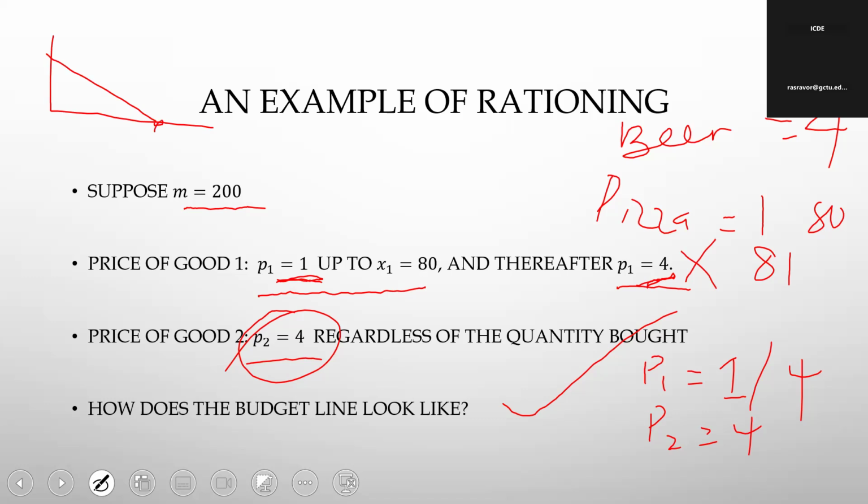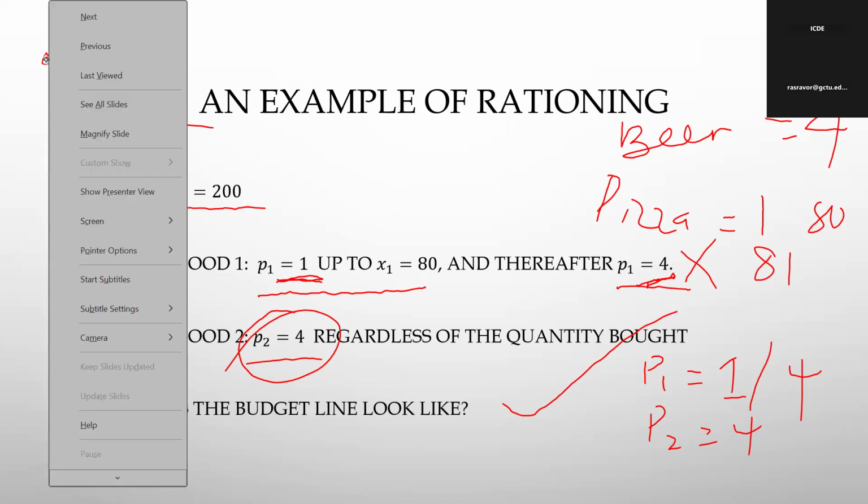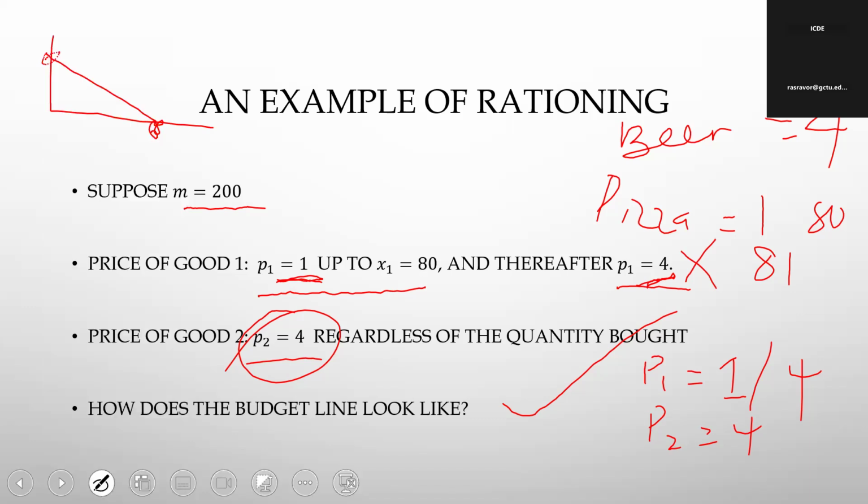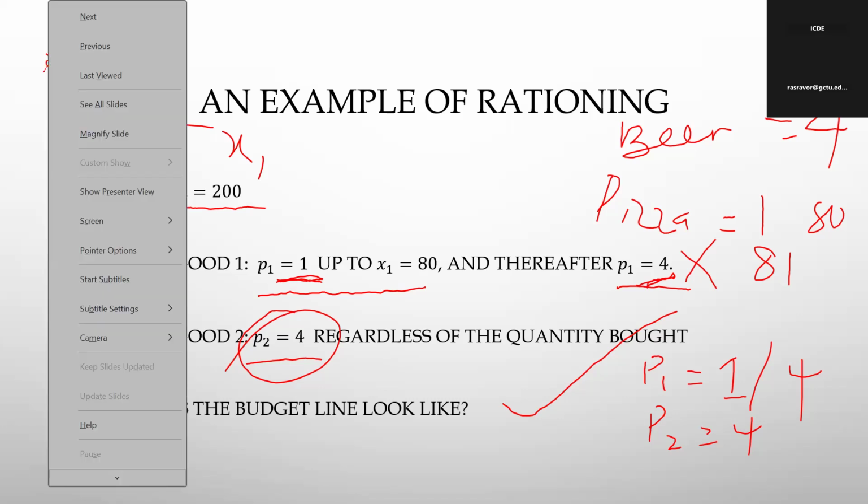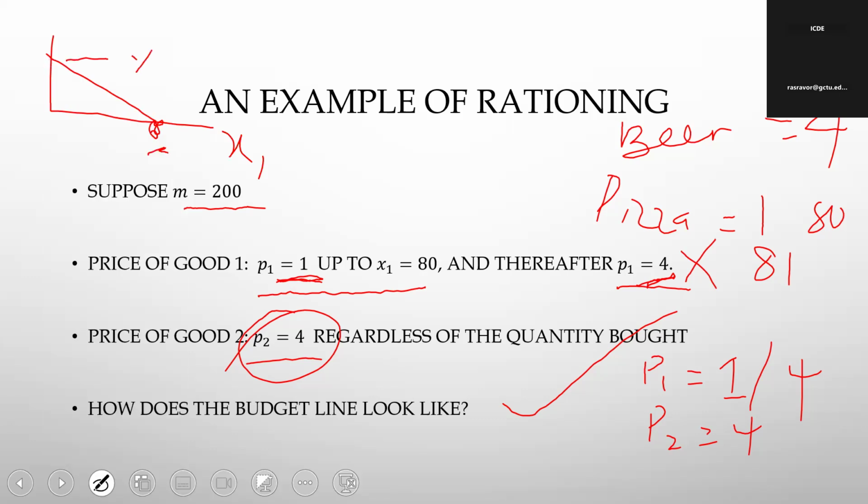Whenever it touches this line or this line, it's just telling you that you are spending all your income on a particular good without considering the other goods. So if it is X1, I'm spending all my income on X1. That's why it touches the line. If it's here, I'm spending all my income on what? X2. Anytime it touches the axis.